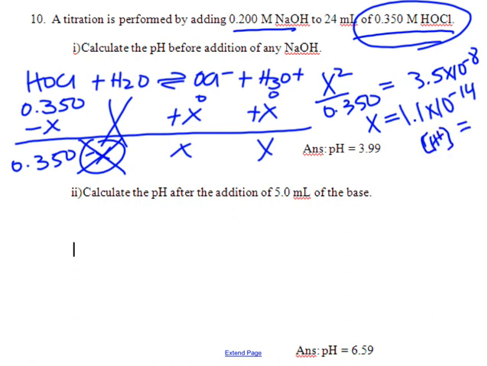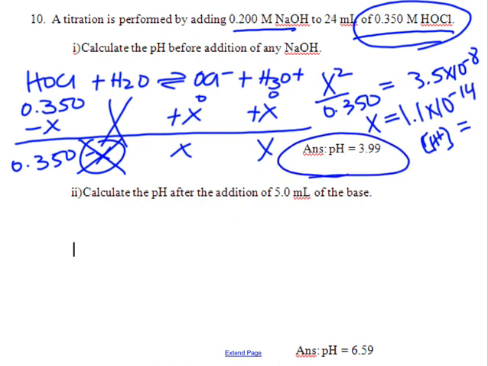So if we just take the negative log of that, you should get somewhere near 4. Go ahead and check it and make sure our K is right. 3 point what? Okay, close enough. So this is good enough.